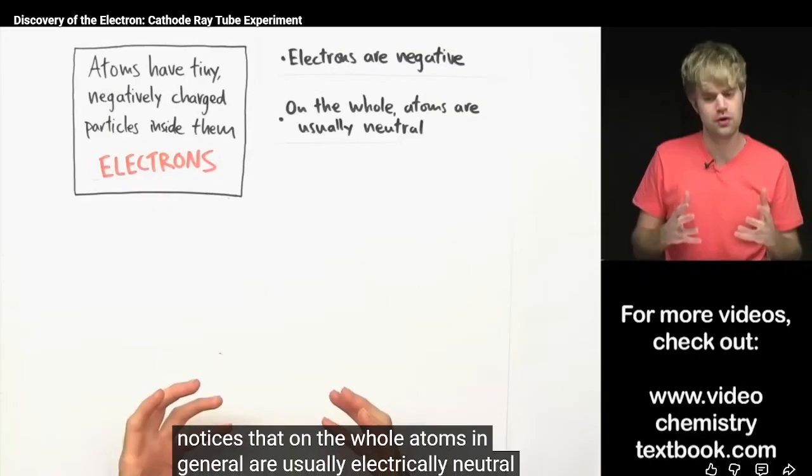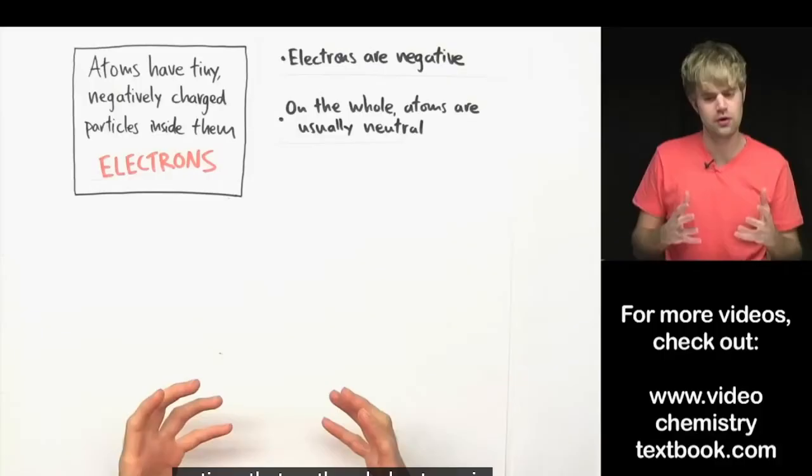So he said, in the atom, there's negative things. But atoms are not negative, they are neutral. What has to be there for an atom to be neutral if it contains negative things? There has to be the same amount of positive things so that it all equals out to 0.